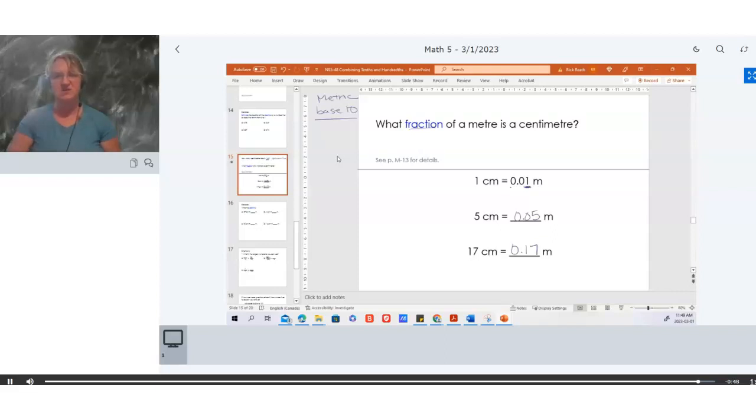If you get confused, think of a meter as that 100 square that we had at the top, and each centimeter would be 1 of those. Same thing. Our money and our measurement are all base 10, just like our number system, and that's what makes it easy to use.